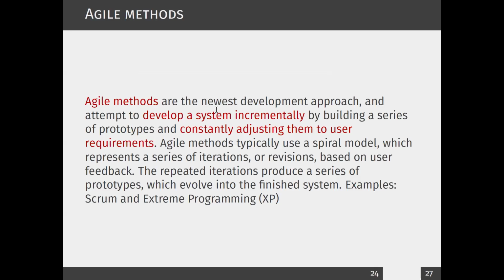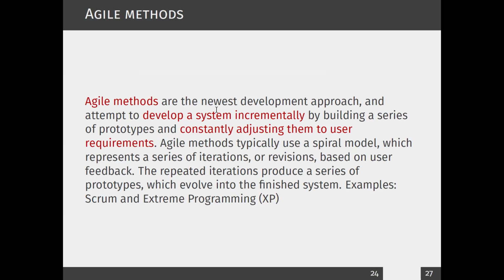The last one for today, we are going to discuss agile methods. Now, the previous ones we discussed were the traditional software development life cycle and object-oriented analysis. They are very traditional, but what is more recent is called agile.